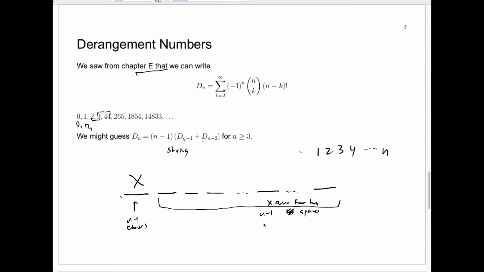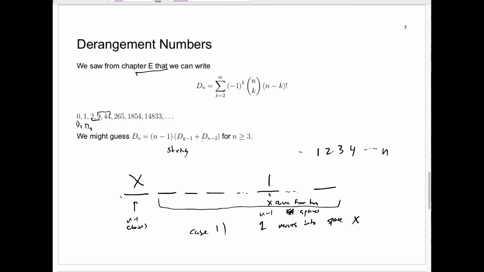In other words, that's the xth space. So let's say case 1 is that the number 1 moves into space x, so that there's a 1 here. That's certainly possible. Now the x and 1 have just interchanged places in our derangement.